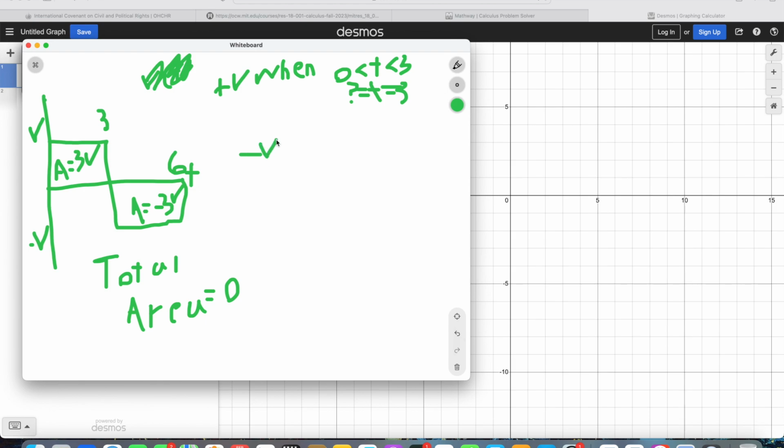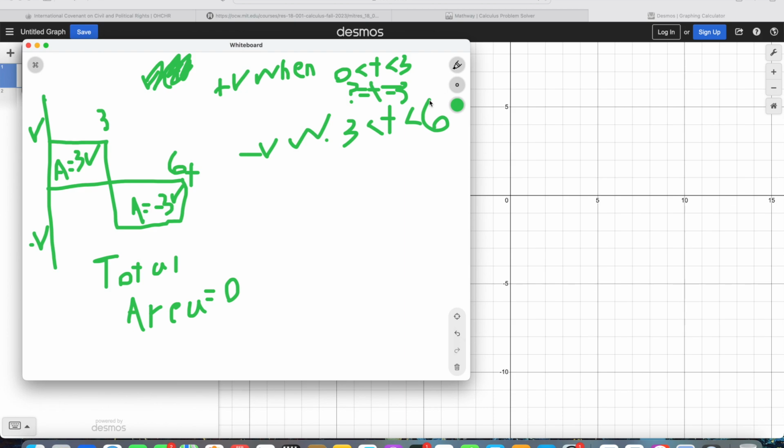And let's look at when it is negative. It'll be negative velocity when 3 is less than t, which is less than 6. As you can see, the graphs end at 6, so he's not moving at 6, and he's not really moving at 0. The only times he's moving is between 3 and 6 and between 0 and 3.